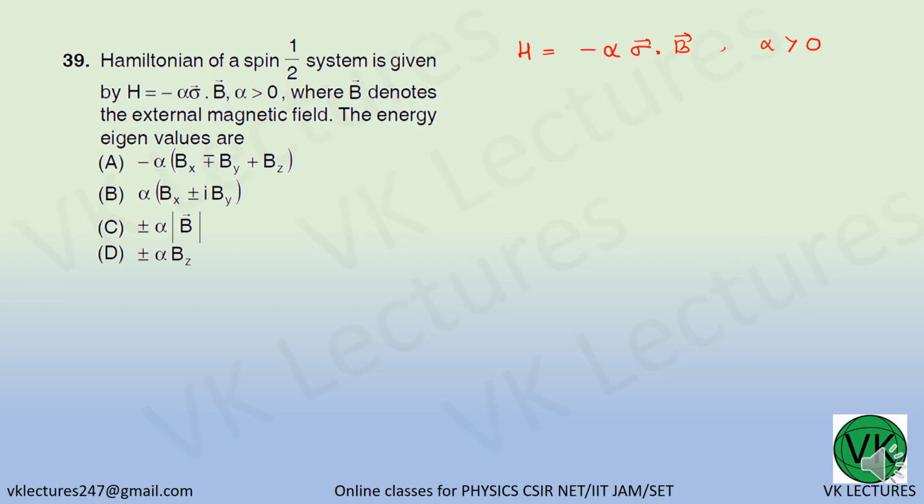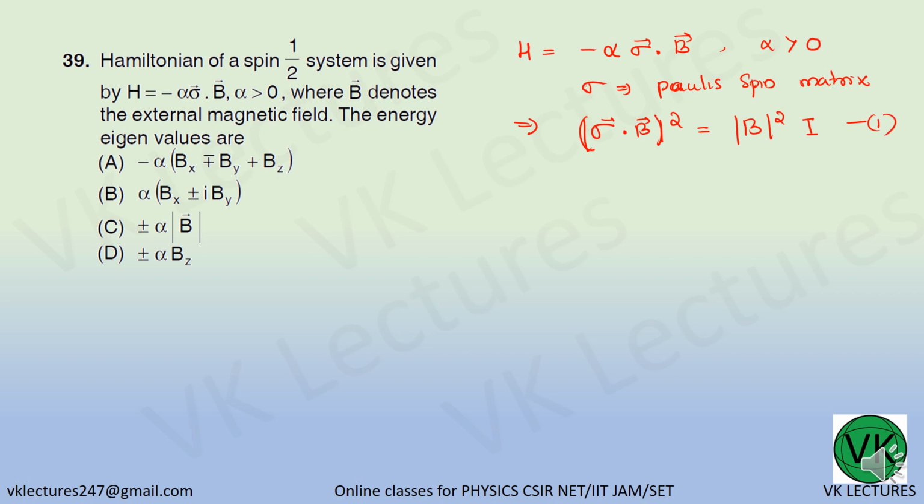We have to calculate the energy eigenvalues. Now sigma is nothing but the Pauli spin matrix, and the property of the Pauli spin matrix is that sigma dot B whole square equals B squared times I. They follow this relation.